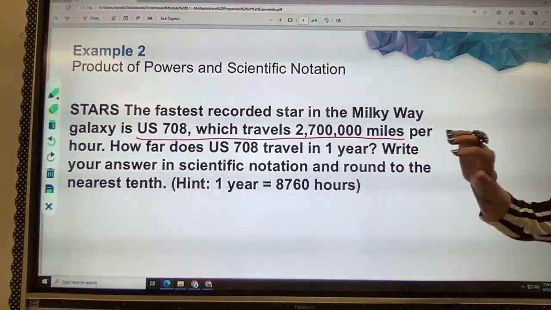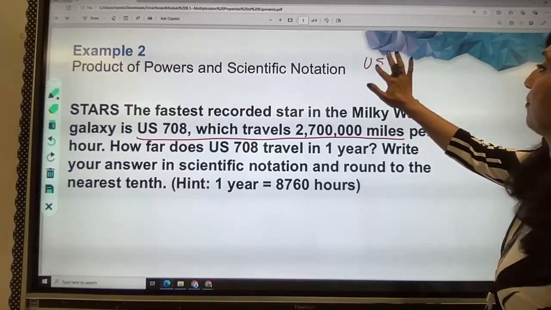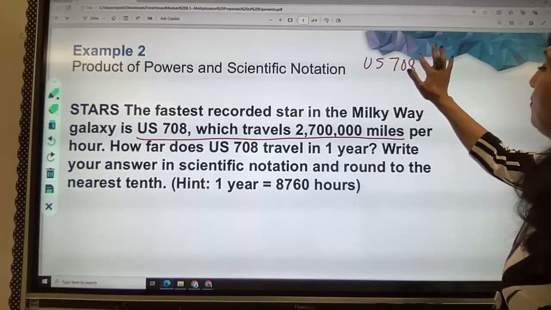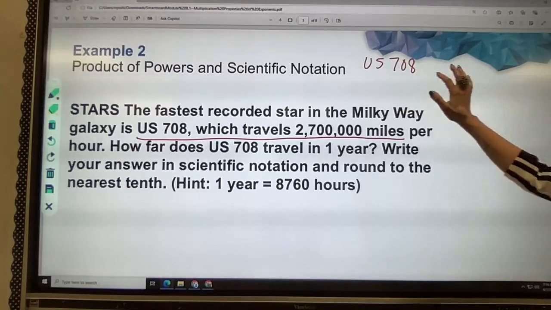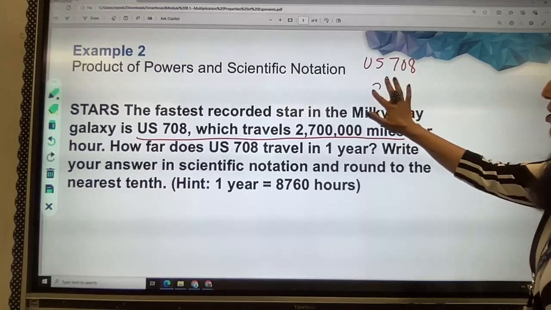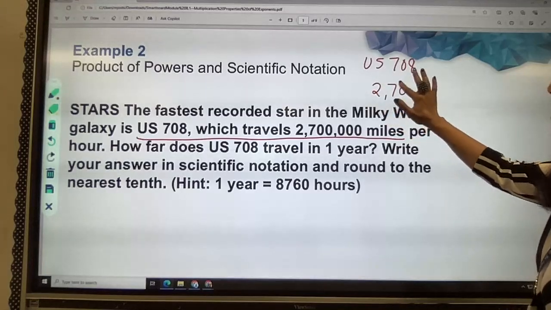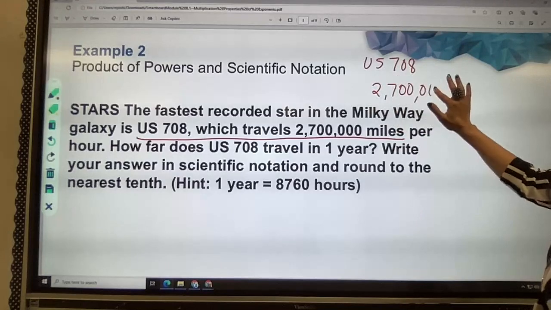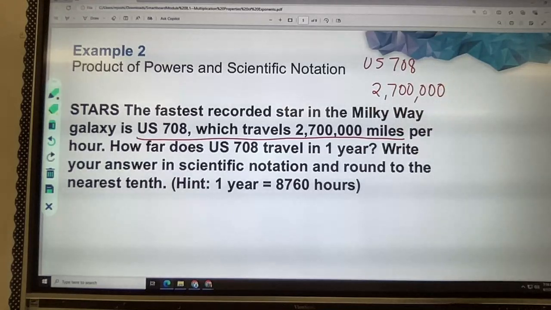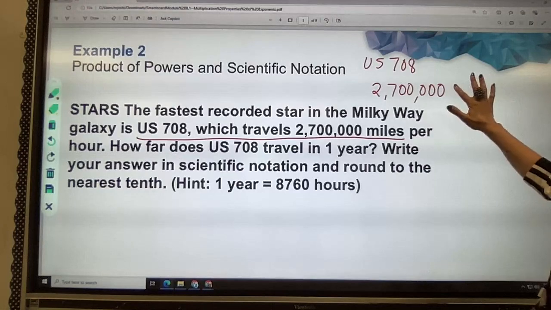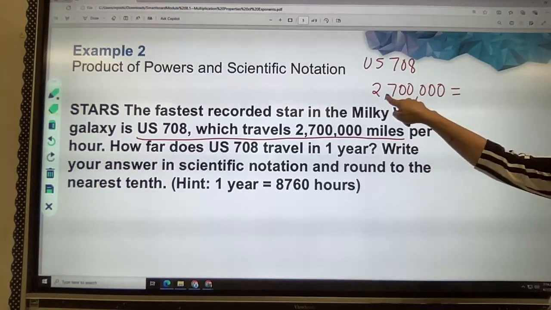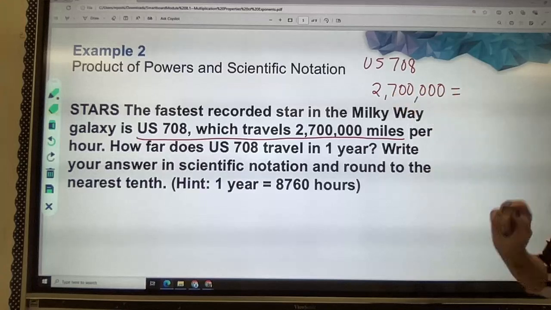So we have US 708, and let's look at the speed of this, and it is saying 2,700,000 miles, right? For me to convert this to scientific notation, I've got to put the decimal after the first place.